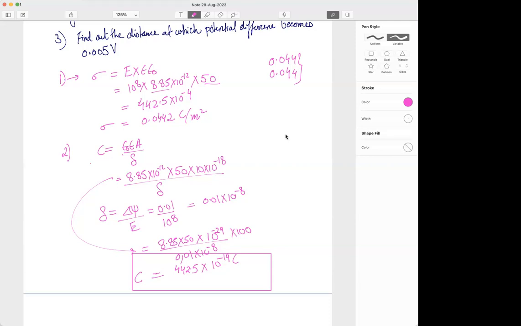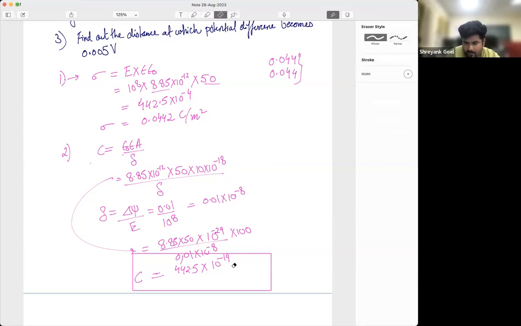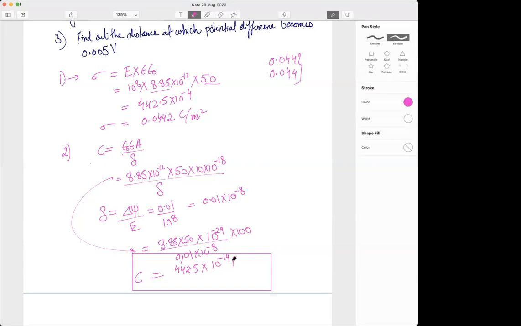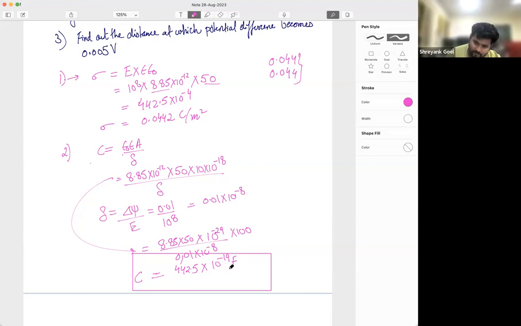Sir, what is the unit of capacitance? It should be mho, no? It should be Farad actually. Faraday or mho? Farad. Actually, I'm a pure chemistry student. I don't know anything about it. So the SI unit of capacitance is Farad.